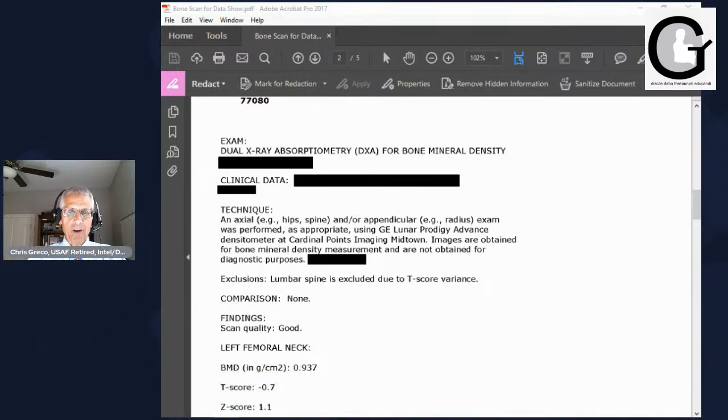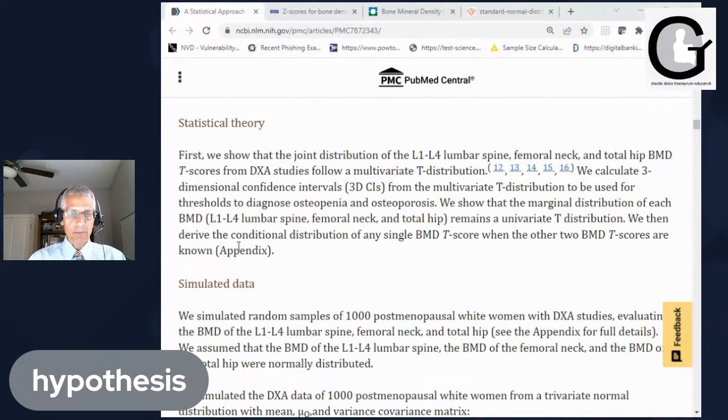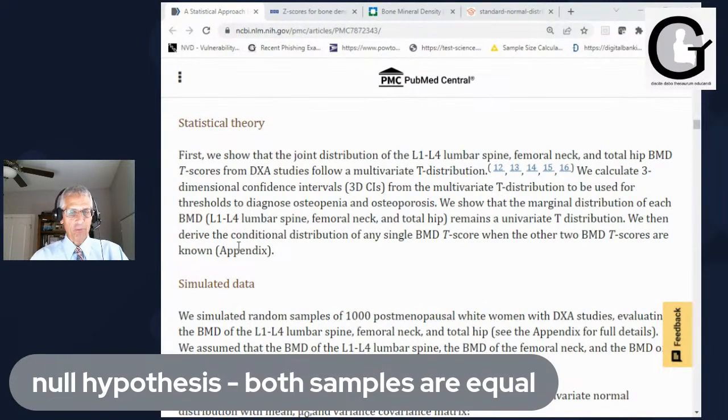That's what a hypothesis is all about. Whenever we talked about hypothesis, and this is important, we need to hit this up real quick. When you have a hypothesis, you have what they call a null hypothesis and an alternate hypothesis. Now, a null hypothesis means that both samples are equal, normally.